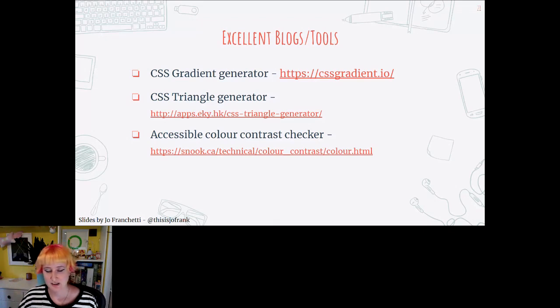The accessible color contrast checker comes for free in Chrome now, but there is also an external one if you're not using Chrome. What this does is it makes sure that the color contrast that you've chosen for your design is accessible for folks who are colorblind or who are visually impaired.